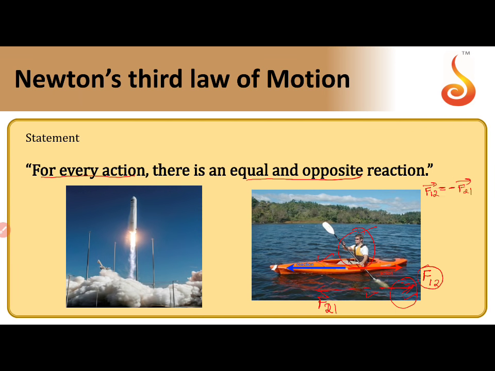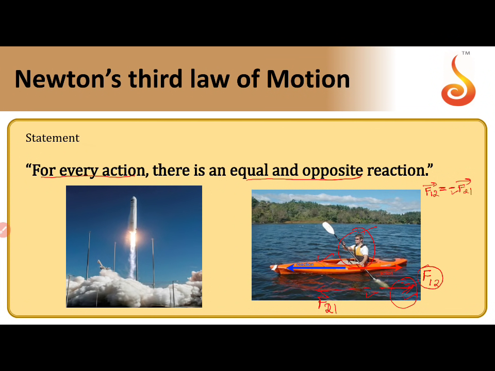This equal to sign says they are equal in magnitude. The negative sign says they are opposite in direction. The action and reaction pairs are equal and opposite. They will be equal in magnitude but opposite in direction.